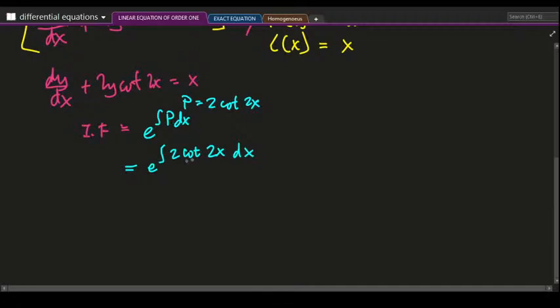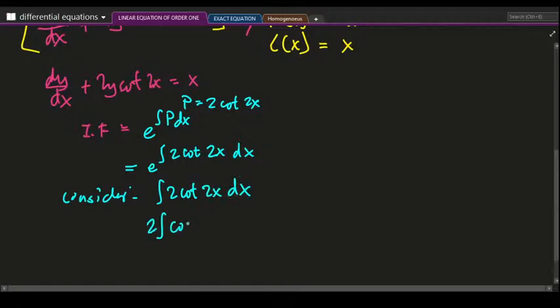Okay, so now we just need to get the integral of 2 cotangent 2x. So let's consider the integral of 2 cotangent 2x dx.